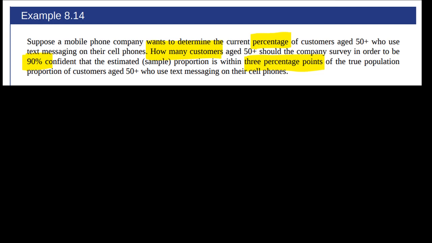So they have nothing yet, right? But they're going to get a sample proportion. And if they go 3 percentage points to either side of that sample proportion, so 0.03, 3 percentage points. Don't forget to change that over to a proportion, right?